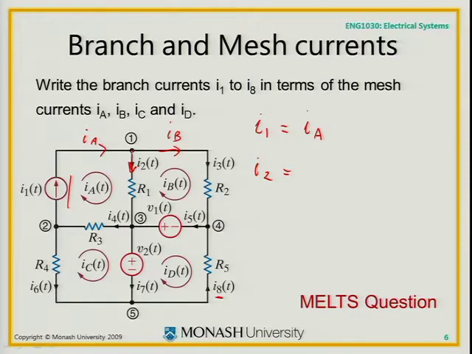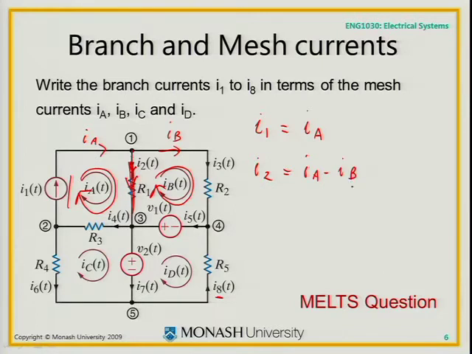You can think of these as whirlpools. There's a whirlpool flowing around in that direction, another one flowing in that direction. So in this branch here, they're in opposite directions. And the current flow down will be IA minus IB. So I2 will be IA minus IB.